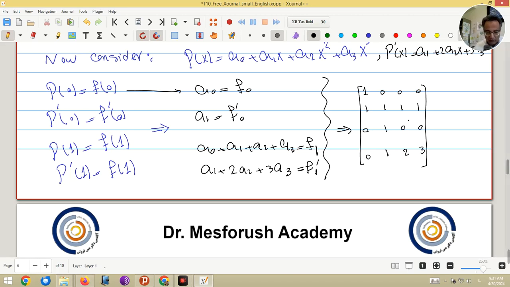This is the coefficient matrix, and I have a vector a0, a1, a2, a3, and this should be equal to the right-hand side.